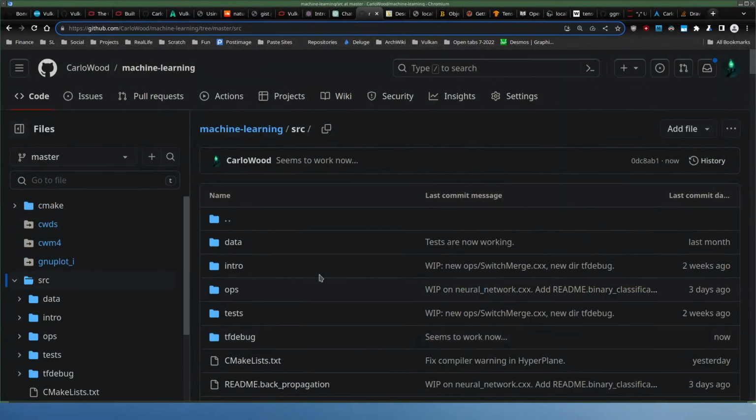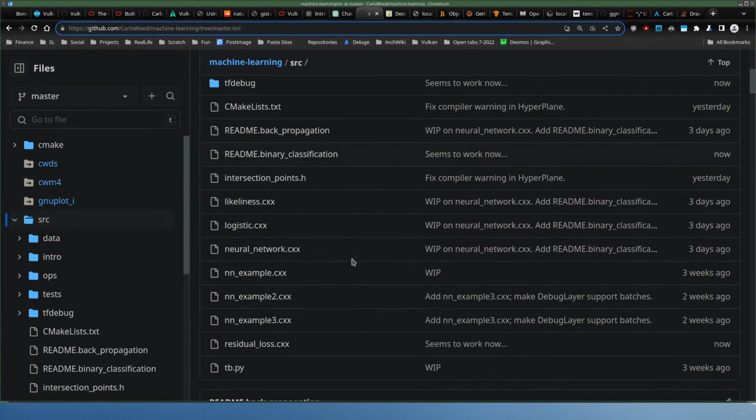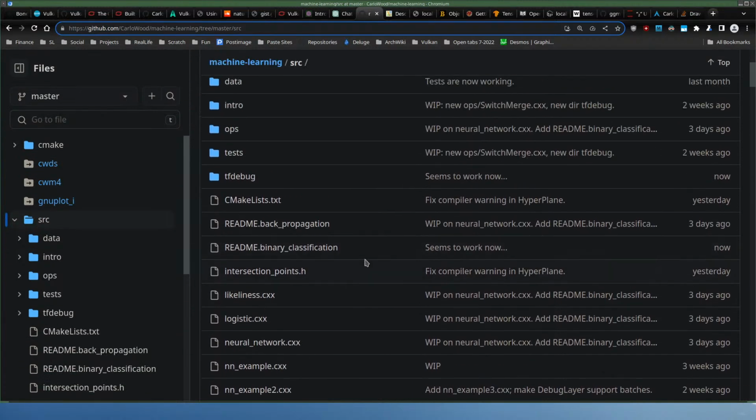So the two readmes that I wrote kind of summarize it. It's like a book form of everything I learned in the last month. So if you read those two and you understand them, then you know as much as I do, I think.